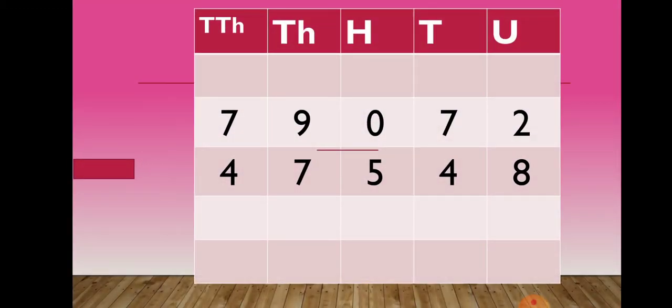Next, now subtract 47,548 from 79,072. Do you subtract 8 from 2? No. So what do you do? Take a borrow from the 10s place. So you get 12 units.